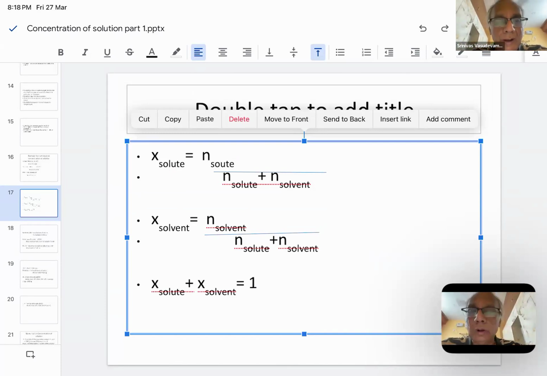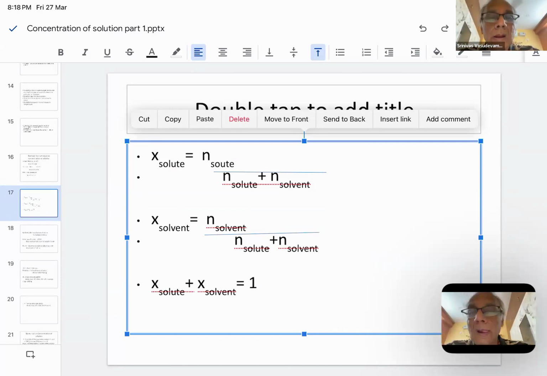Mole fraction of solvent is number of moles of solvent divided by number of moles of solute plus number of moles of solvent. If you add all the mole fractions in a solution, it is equal to 1. That is, mole fraction of solute plus mole fraction of solvent equals 1.